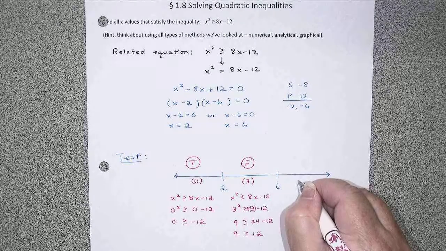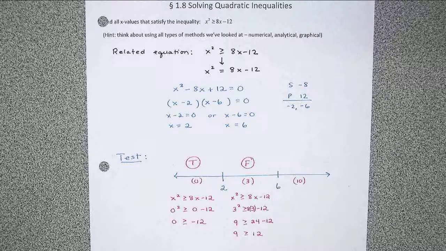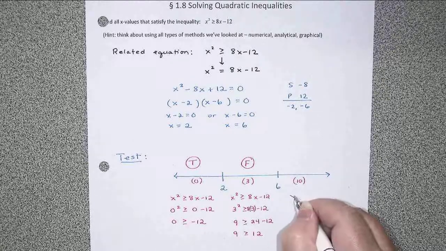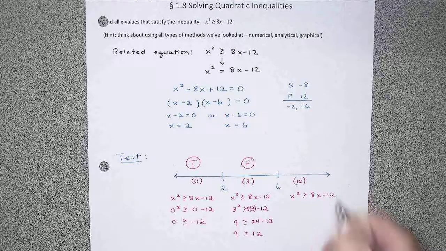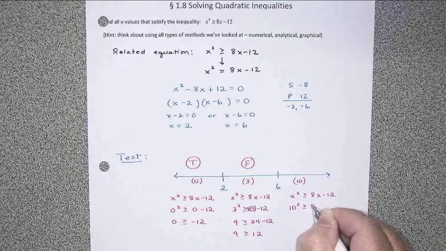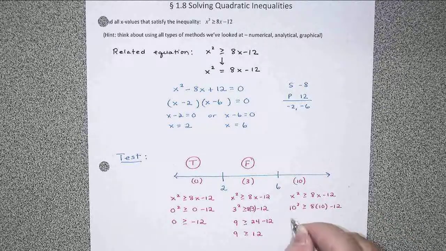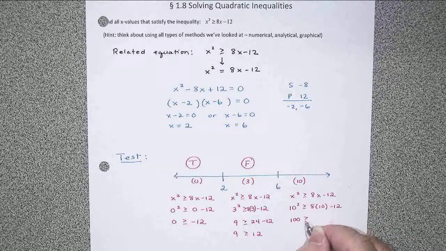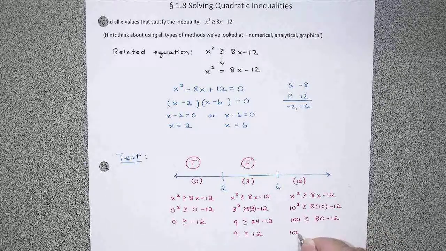And then one more time. Let's pick a number bigger. Let's just say 10. Pick anything you want as long as it's bigger than 6. If I start with my inequality again, plug in the 10. Is 100 greater than or equal to 80 minus 12? Well, yeah, 100 is greater than or equal to 68.